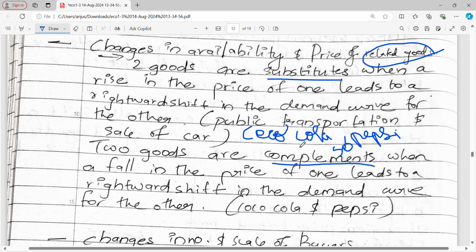Say both were 50 rupees and Coca-Cola's price increased to 70 rupees, then the demand for Coca-Cola will decrease because it is high price now. Everyone will start buying Pepsi.